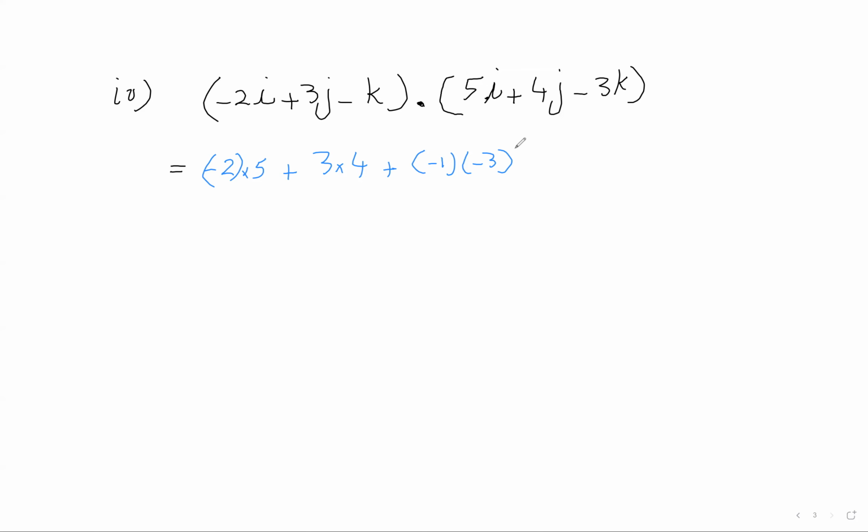Just for clarification, I could have looked at this as the vector -2, 3, -1, and the other vector as 5, 4, -3.